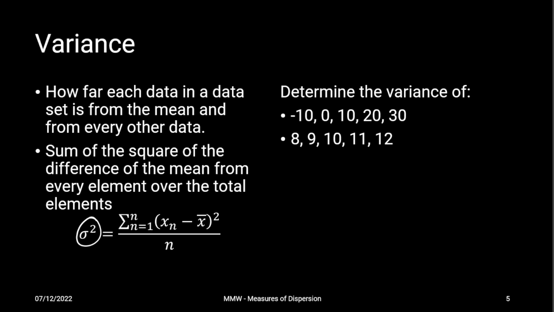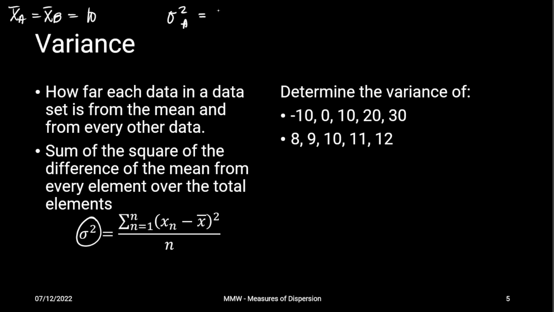Just like with this one, let's determine. Alam natin that the means are equal, di ba? 10 yung mean natin. So, let's get the variance of each data set. So, we have sigma squared A. This is equivalent to the summation nung naka-square.